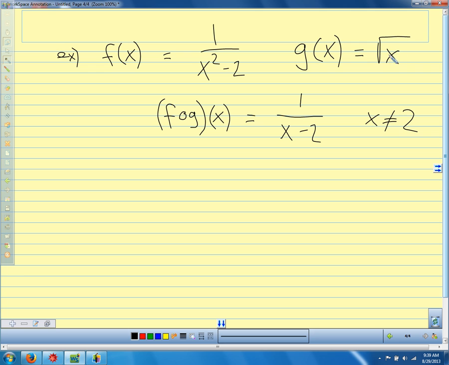So we still have to say x greater than or equal to 0. We're plugging our number into g first and then plugging it into f. I can't plug negative numbers into g, so I have to take into account the domain restriction of g before I look at the domain restriction of the composition. So we would say x has to be greater than or equal to 0 for this, and x can't equal 2, because we're making this composition. So that's where it gets a little tricky.